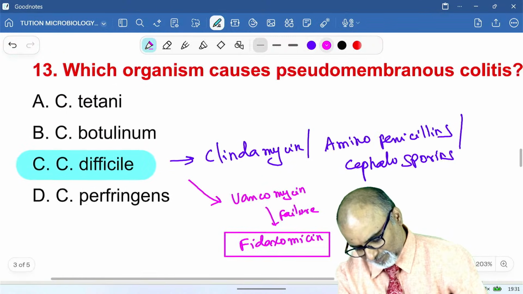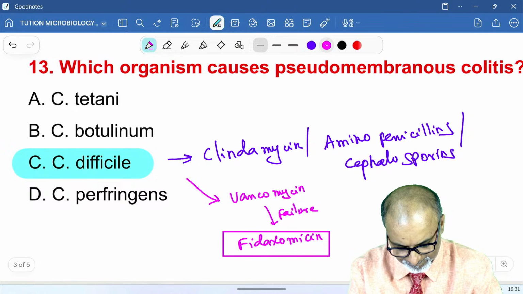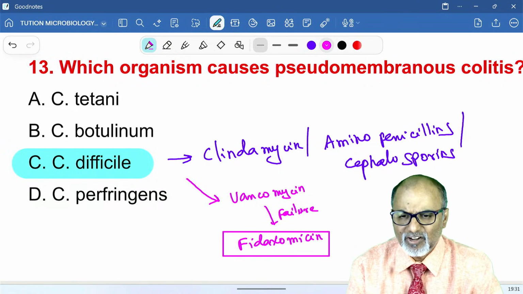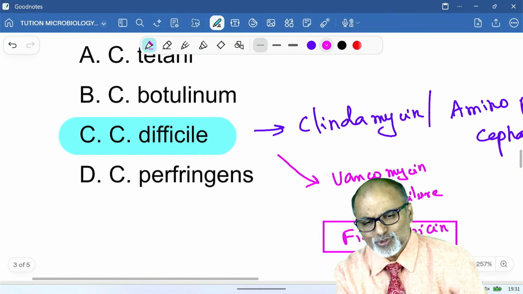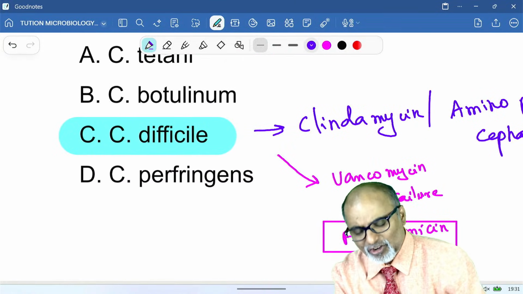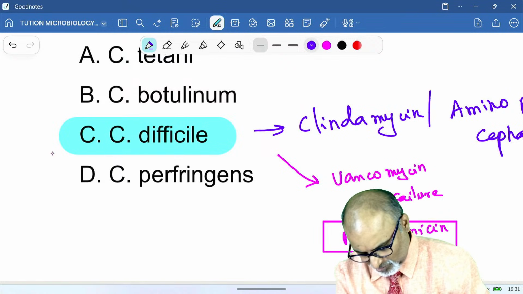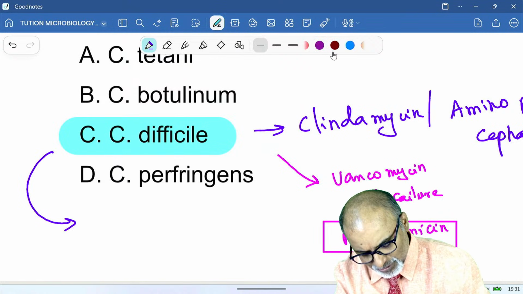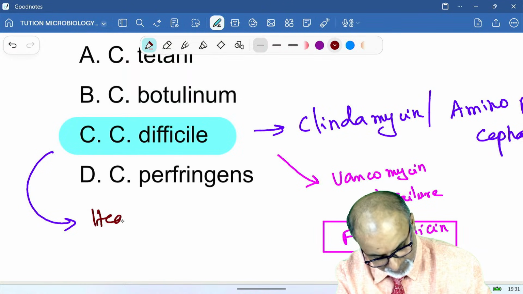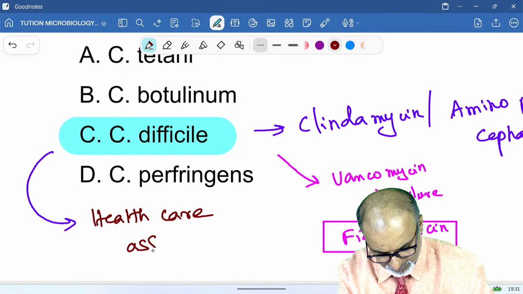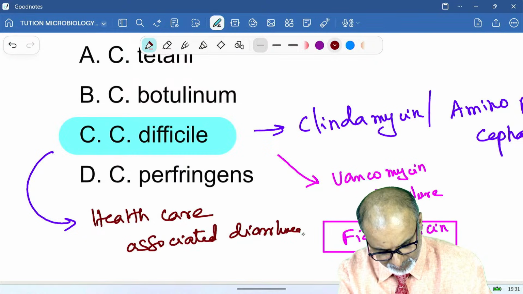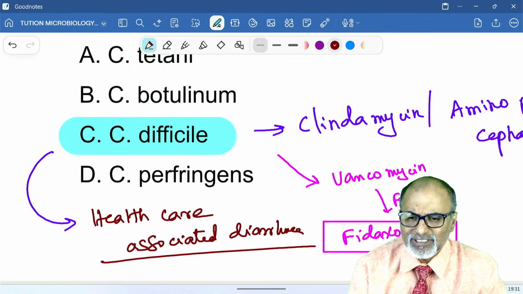Clostridium difficile, we call it healthcare associated diarrhea. Previous name, hospital acquired diarrhea. It causes healthcare associated diarrhea.